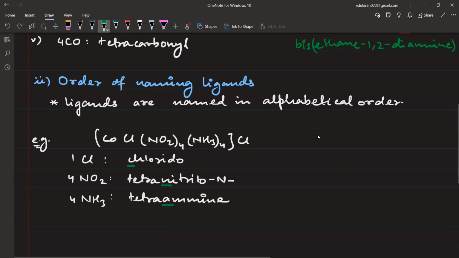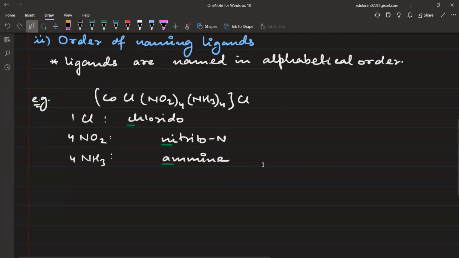Got it? You see the difference? Yes, sir. Okay, ligands are named in alphabetical order. You have to look at the name of the ligands and not the number before it. So forget about this tetra when you are talking about the order of naming of ligands. Write this down.